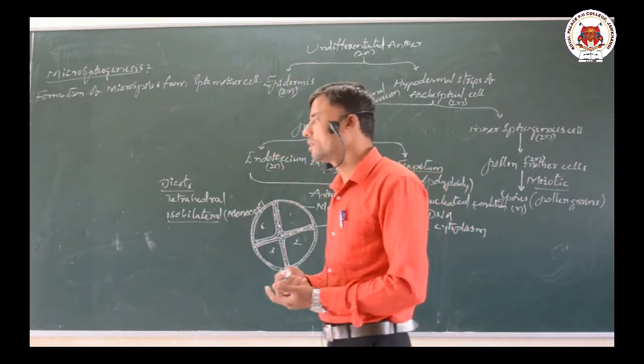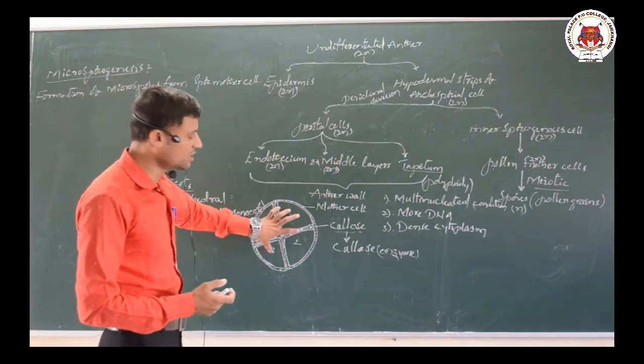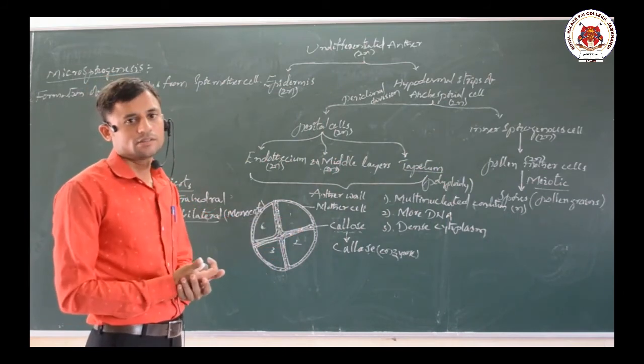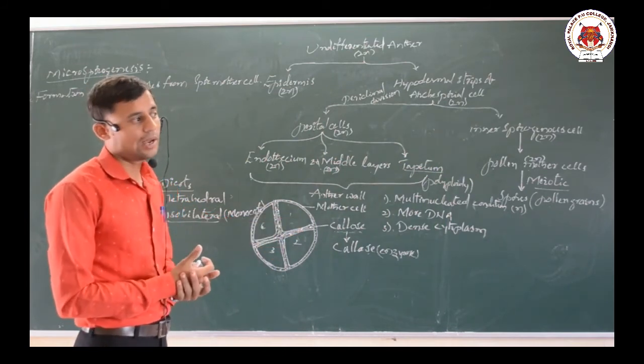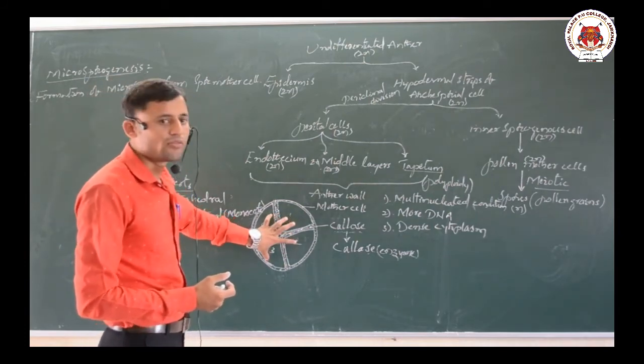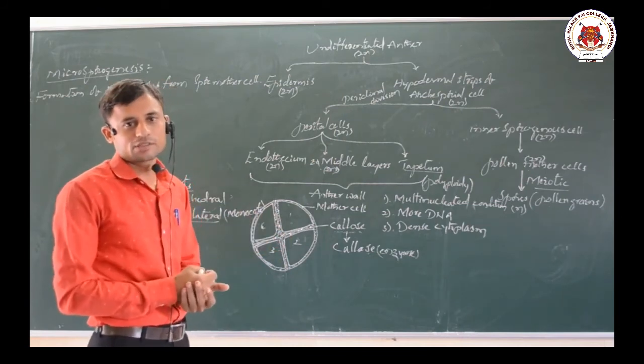Commonly the mother cell produces 4 spores. Sometimes the tetrads of spores may produce more than 4 spores.